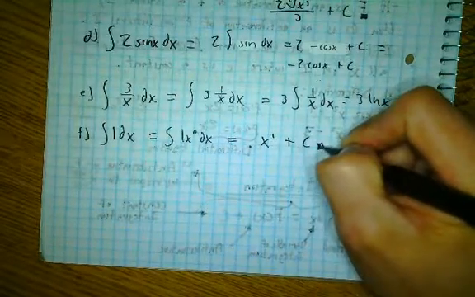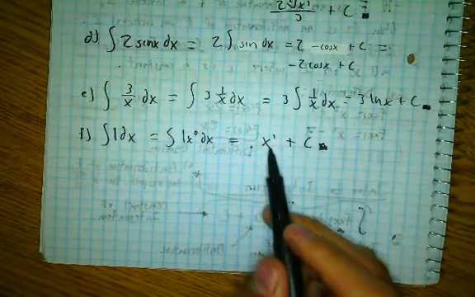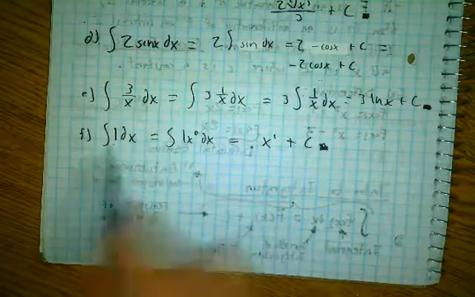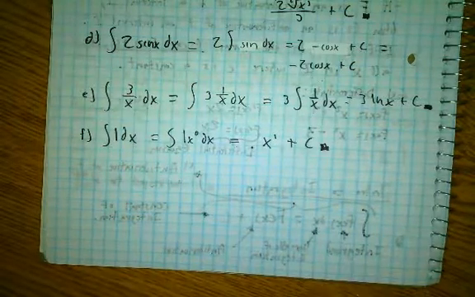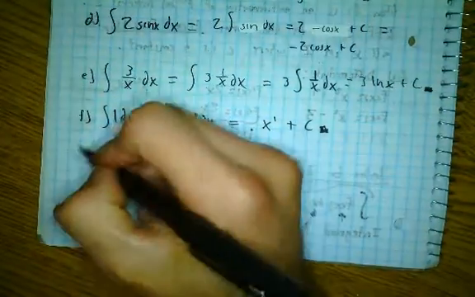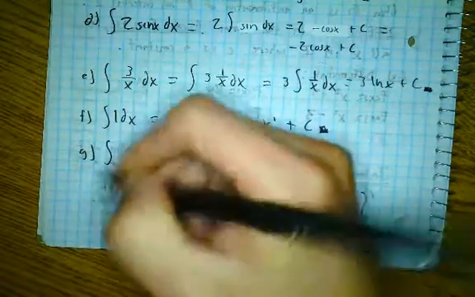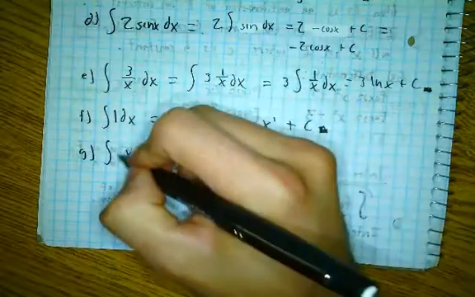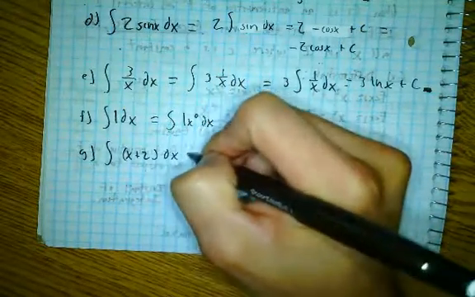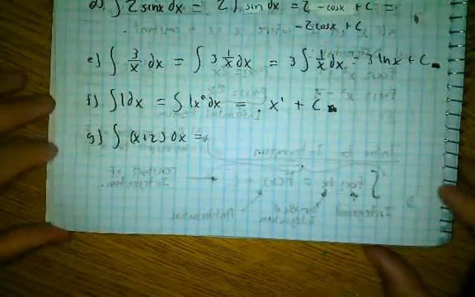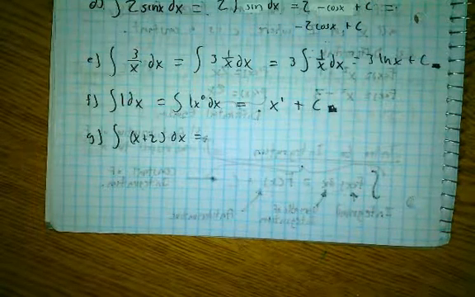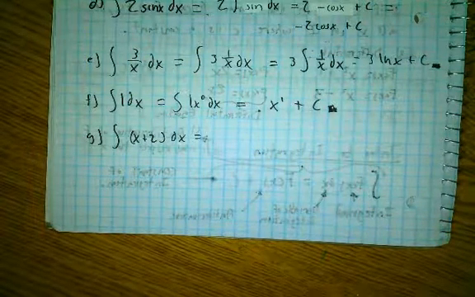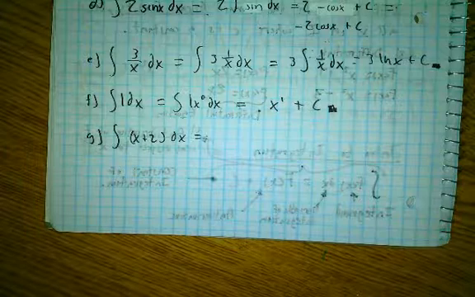Cool? Alright. What's the antiderivative of x plus 2 dx? Alright, so now we have a polynomial. It's the same way as when we differentiated a polynomial. Take it term by term.